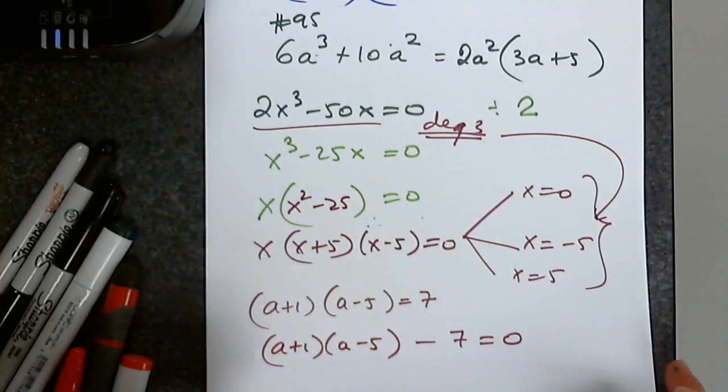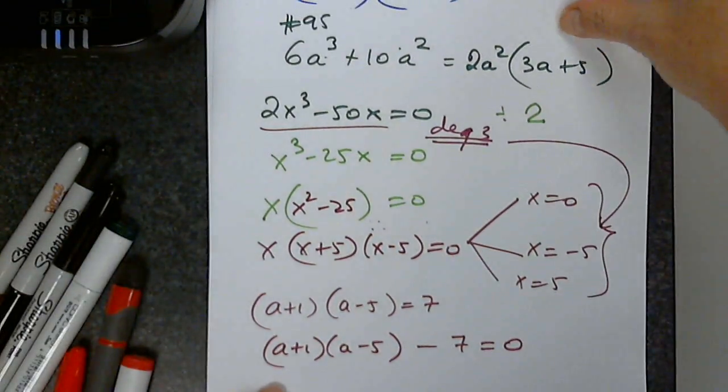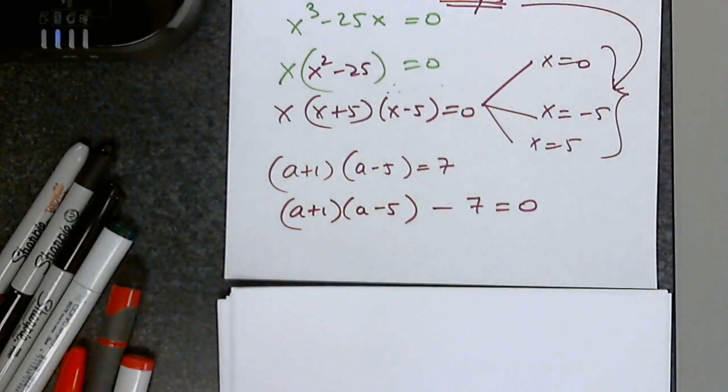How do I handle that now? Remember, 0 product. 0 on one side, product on the other. So what will be my next step?